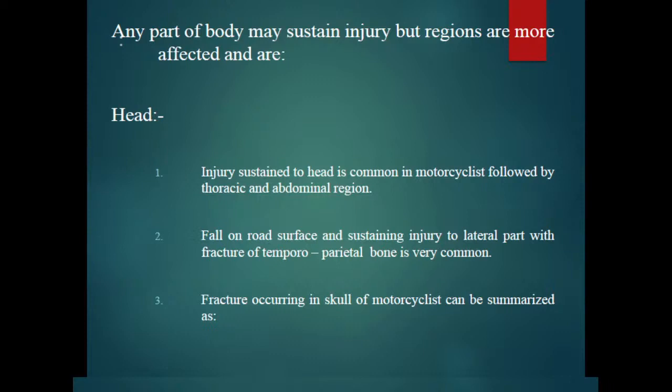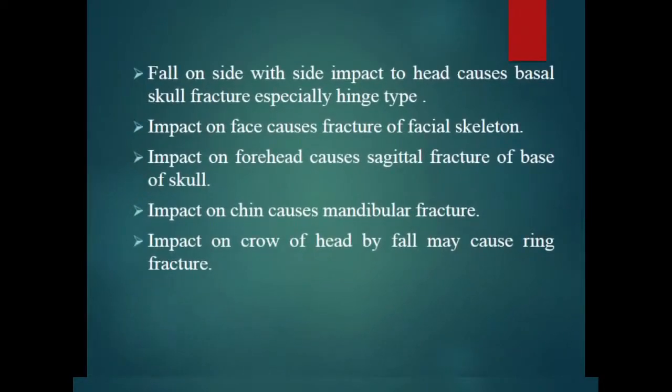Injuries of the head are very common for motorcyclists. Following the head injury are injuries of the thoracic and abdominal region. Side impact to the head causes fractures of the base of the skull, especially hinge-type fractures. Impact on the face causes fractures of the facial bones.